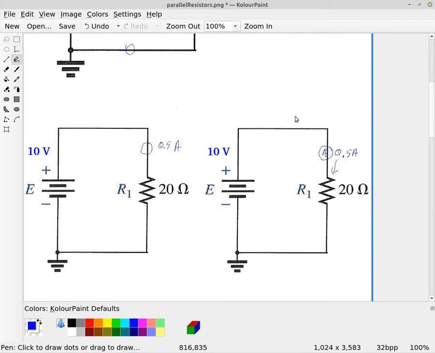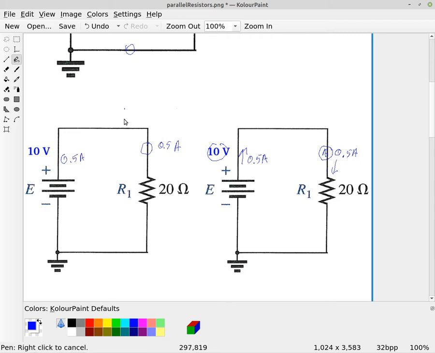Okay. So what does that mean about the power supply? Well, that means that this power supply is outputting half an amp, and this power supply is outputting half an amp, right?